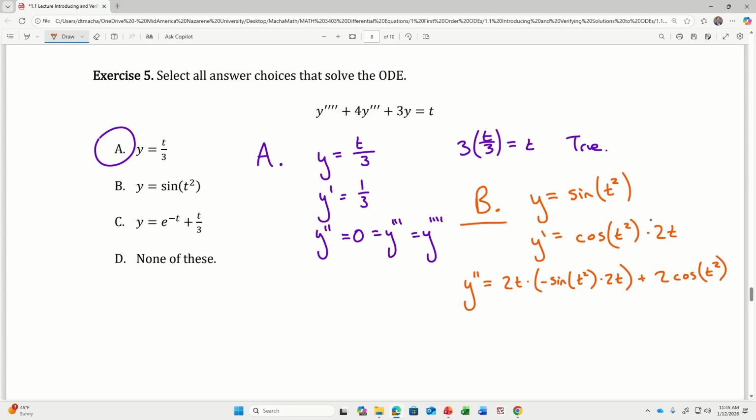And I'm going to go ahead and stop here. Why should I stop here? Because it won't cancel out. Because y prime, y double prime, y triple prime, y quadruple prime will always have sine or cosine as coefficients, right?